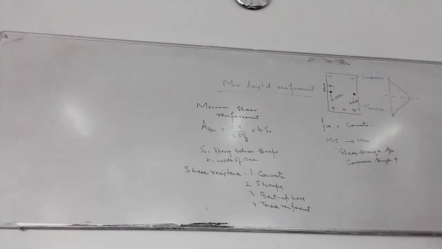Now this table is giving you the design shear strength of concrete with the increase in compressive strength, but it's also giving you another thing across the different rows. If you see the first column, what is it? 100 As by bd. What is As by bd?